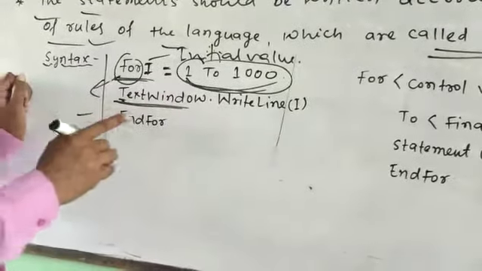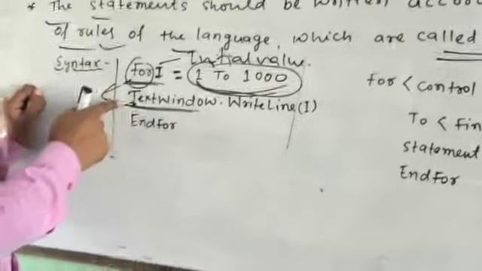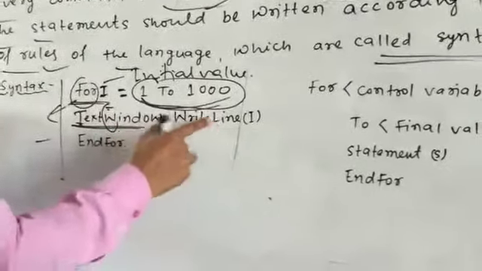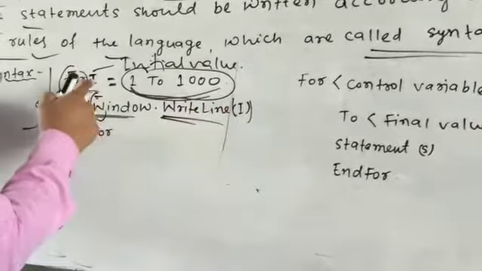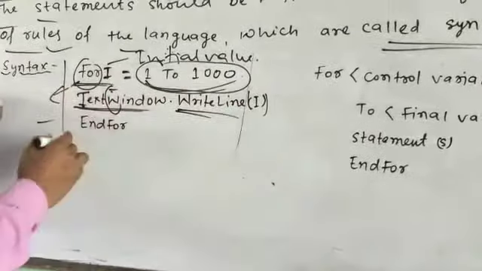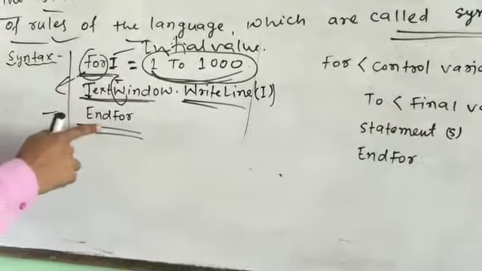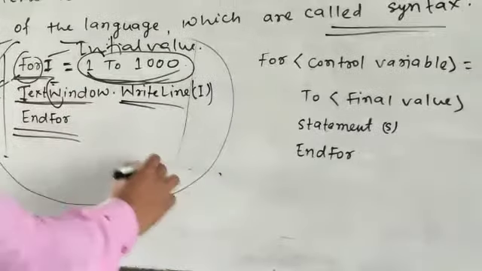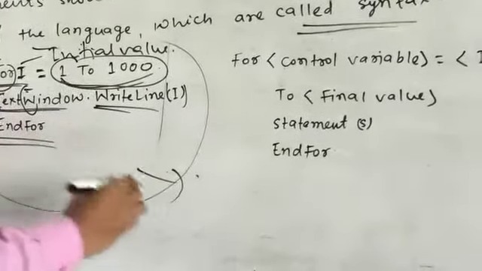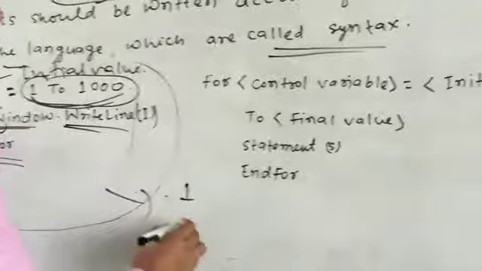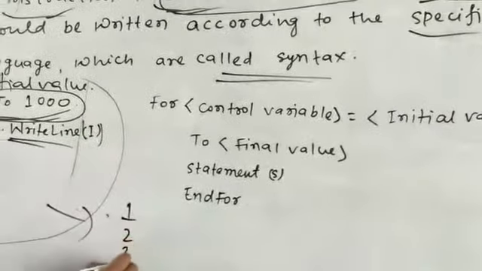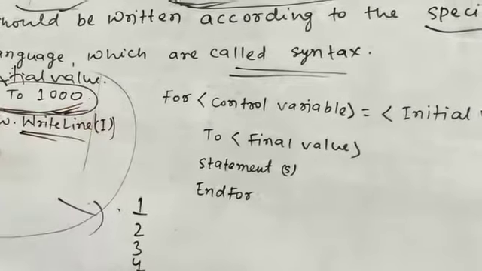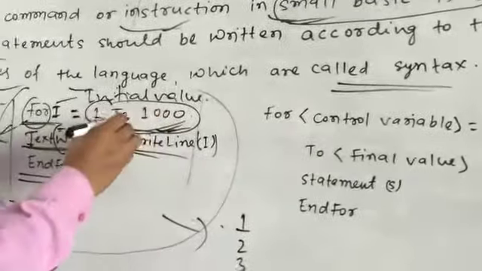Case sensitive statements means T is written in capital letter, and W also in capital letter, then dot WriteLine, and then print the initial value I, and then end the For loop with EndFor. After executing, the output of this program prints 1, 2, 3, 4, 5 and the last number is 1000, because I want to print 1 to 1000 in this program.